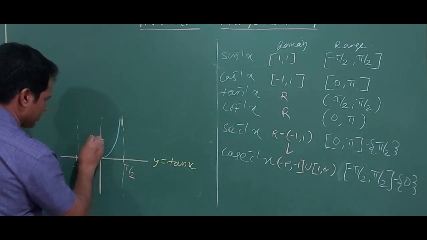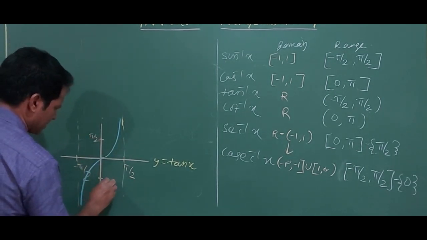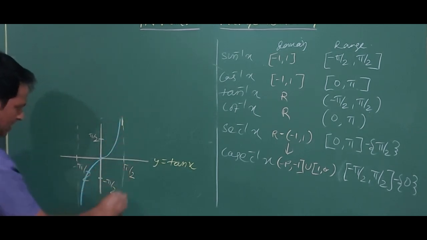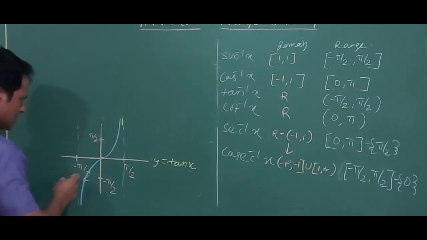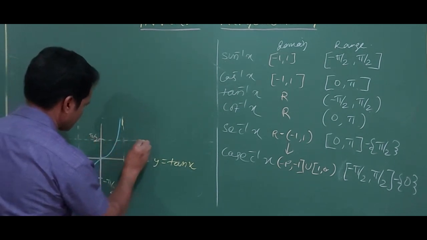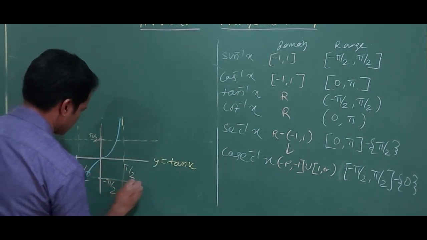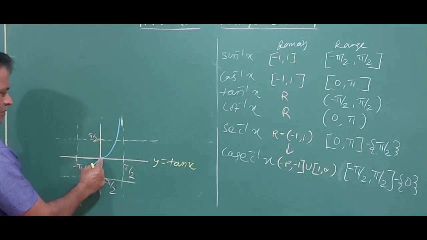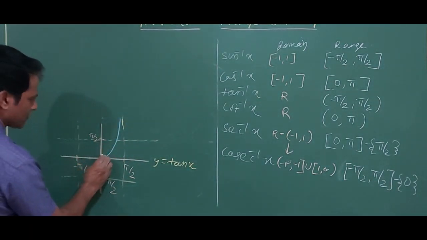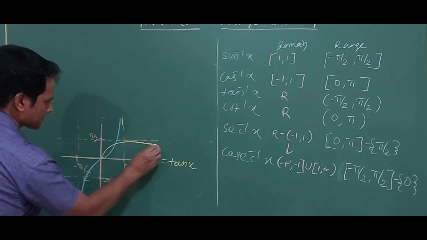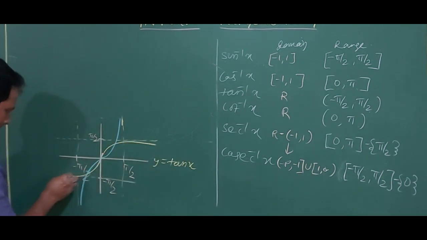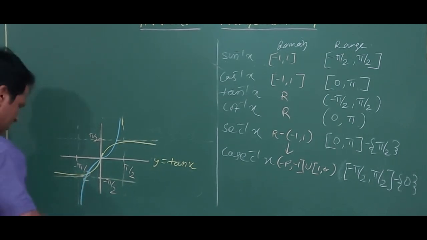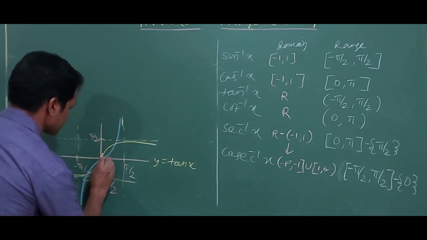Make a line here at pi by 2. Make a line here at minus pi by 2. You can see at pi by 2 there is a line drawn parallel to the x axis. Draw a line here, and here. Alright? You can see it starts from 0 and goes to infinity. So the graph is like this. The yellow line I have drawn here is the graph of tan inverse x.